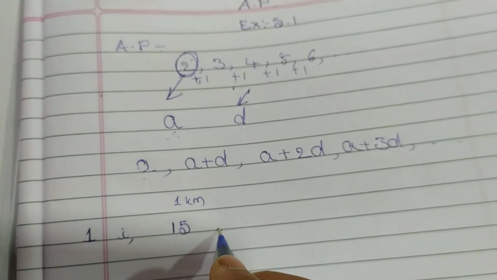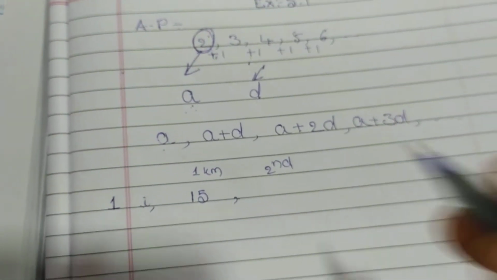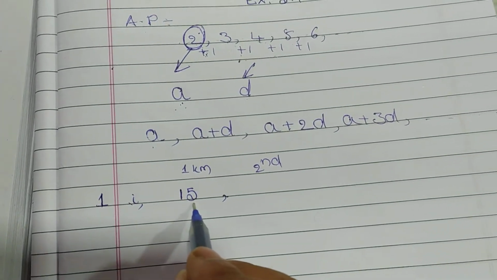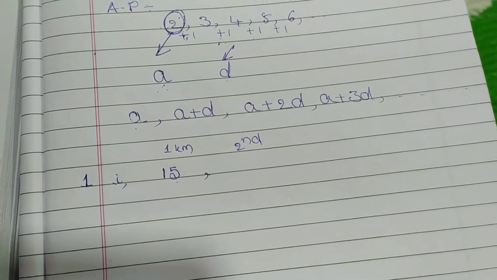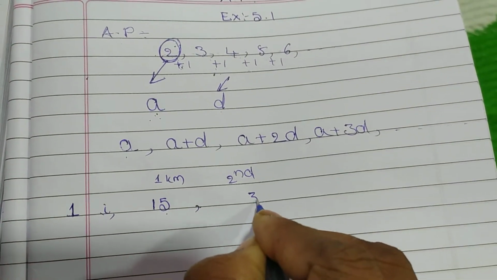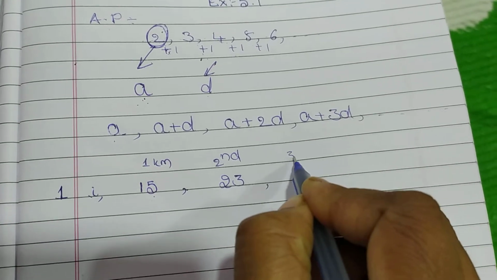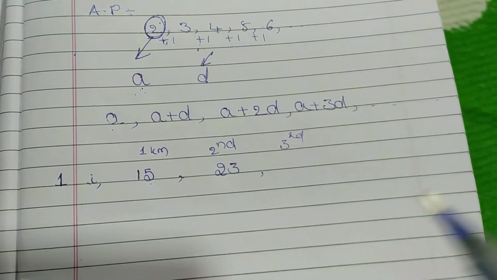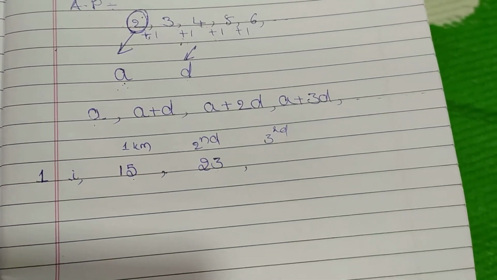For the second kilometer an additional 8 rupees, so 15 plus 8 is 23. For the third kilometer, for each kilometer we keep on adding 8, so 23 plus 8.